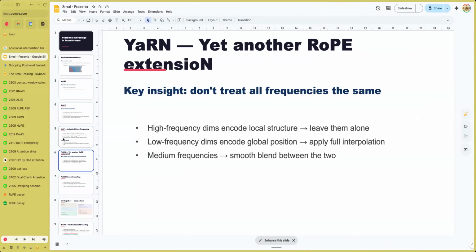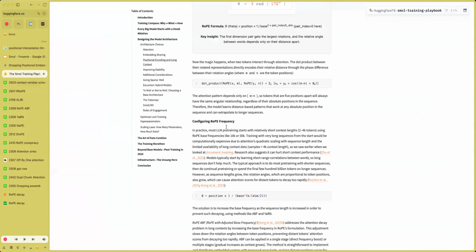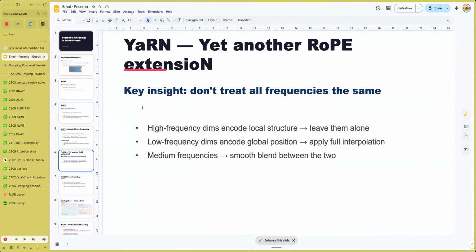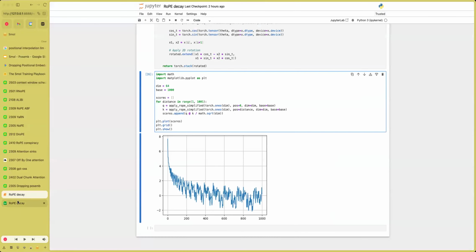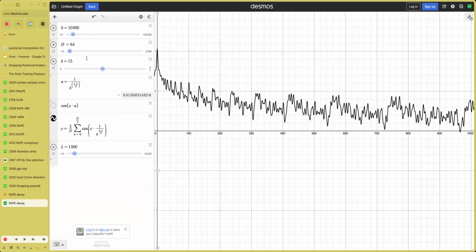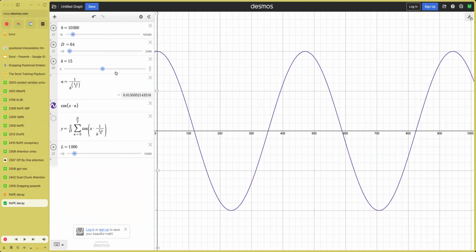Yeah. YaRN says that, yeah, that's all good, but we actually have another problem. And let's look at this problem here. Again, x-axis is our relative distance, and y-axis is the cosine of an angle that our token was rotated by.